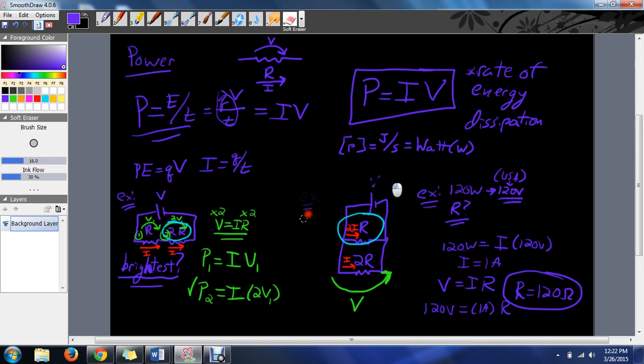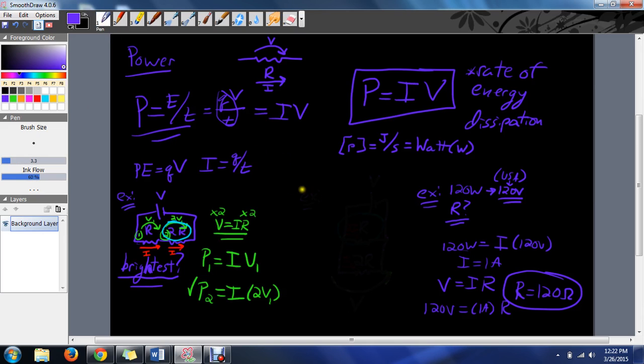If I have a dimmer light bulb, for instance a 40 watt light bulb, let's solve for the resistance of the 40 watt light bulb. Again, this is assuming 120 volts.